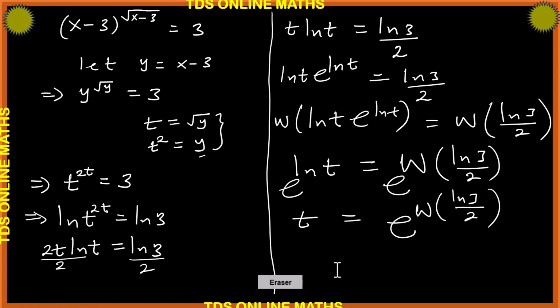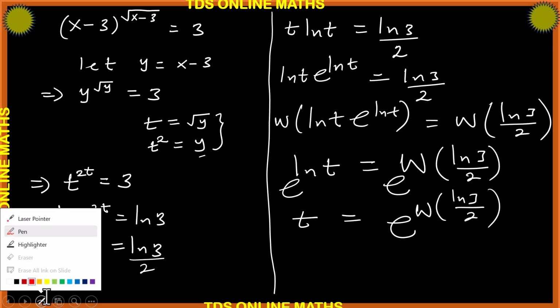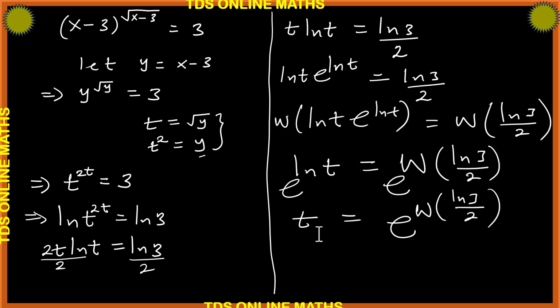All right, so let's do our substitution here. We have t equals square root of y. So if I put square root of y here, this side will be this. We have to square both sides in order to get rid of the square root.